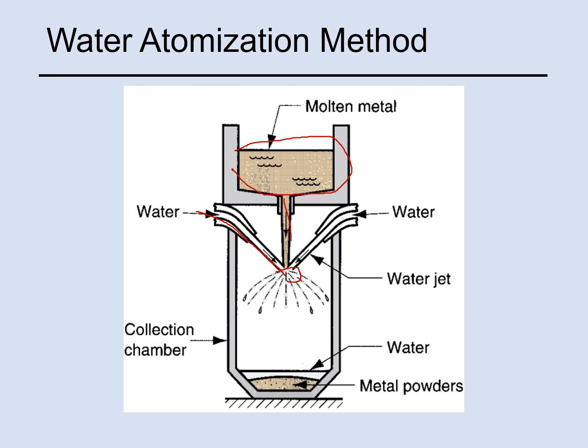Because of gravity, this molten metal comes down, and then we have a spray of water that will hit this molten metal, and the molten metal will rapidly be cooled and solidified, and it will be collected in this area, the bottom part of the collection chamber.